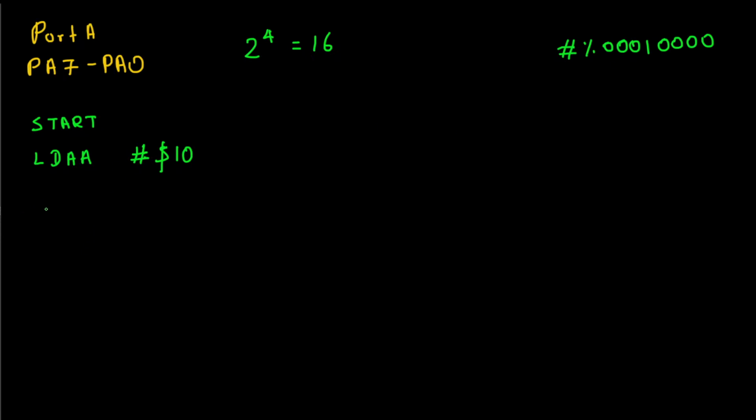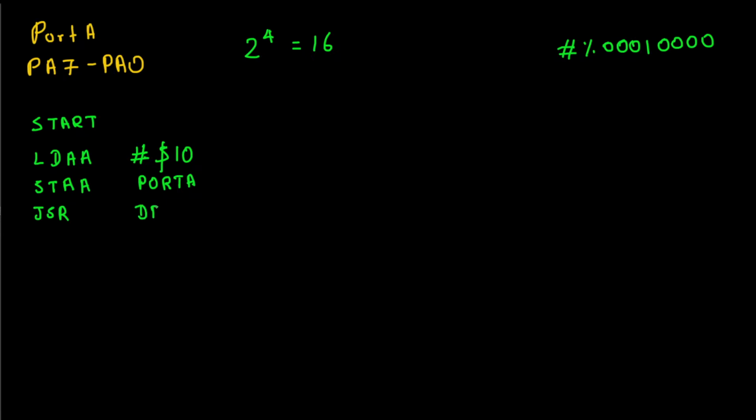And then after that, we have to store whatever we load in port A. Store accumulator A, port A. And then we are using a subroutine here, so JSR, jump to subroutine, that is delay.